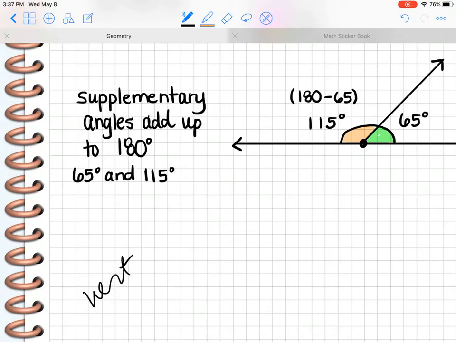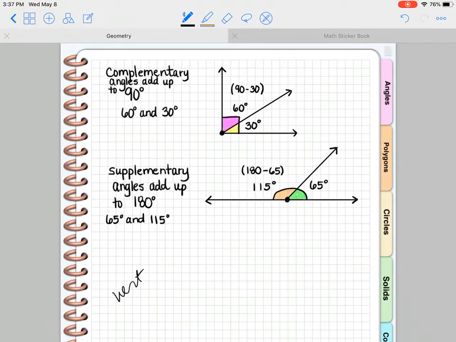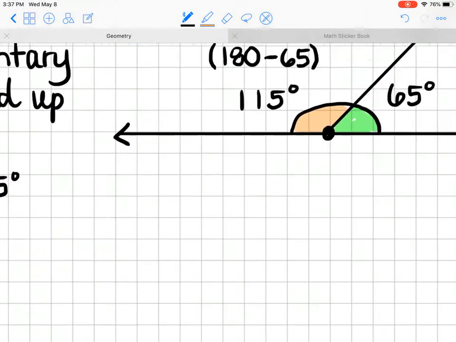Okay. When I was in school, I had a little bit of trouble remembering the difference. I had a general idea of what they were saying, but I sometimes got the two confused. So this is how I remembered it.